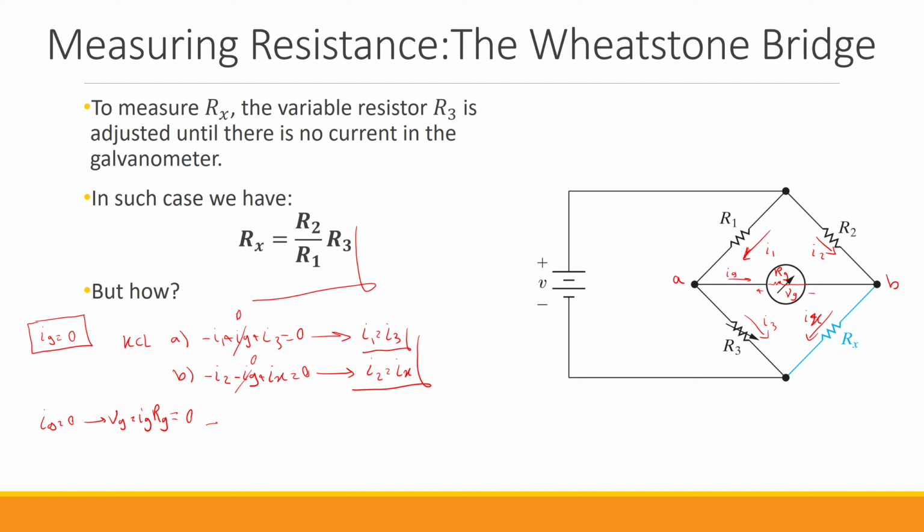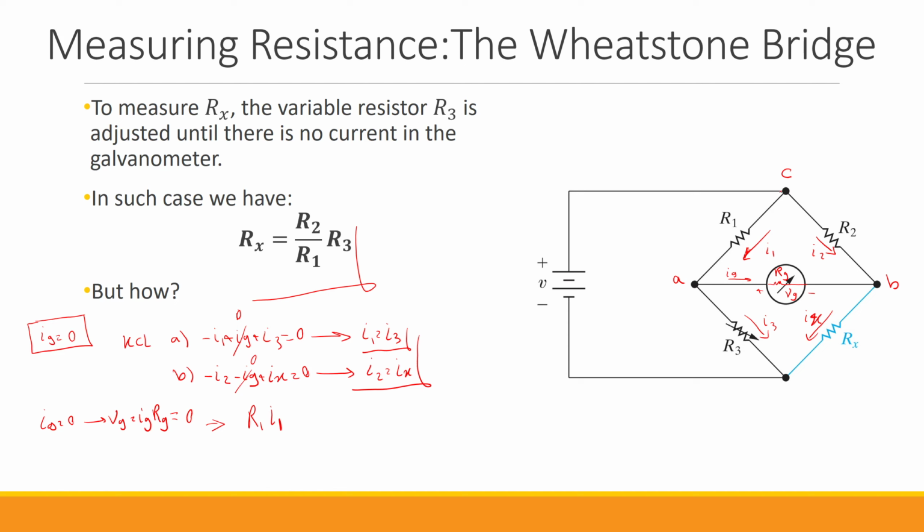So when this happens, based on KVL, we can conclude that R1 multiplied by I1, you see this point, let's just call it C. So we said that based on this conclusion, A and B are both at the same voltage, right?